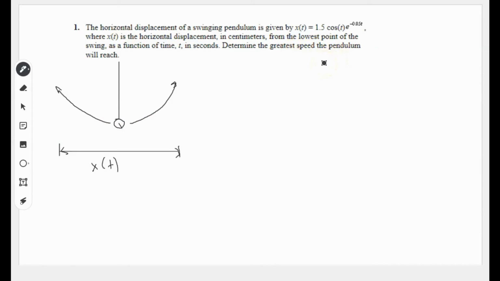Okay, so you have a couple ways of doing this. There's the hard way and then there's the easy way. The hard way would be to find the second derivative and set it equal to 0 to see when the first derivative is a max or a minimum, right? Because you want to figure out where velocity is a maximum.